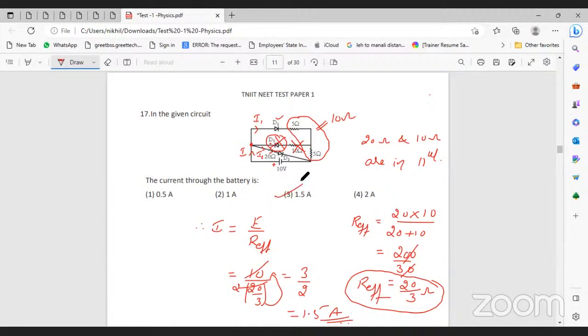So which is the right option? Option 3 is the right answer, that is 1.5 ampere. Got it?